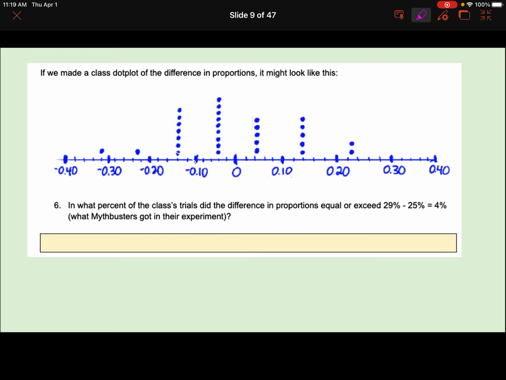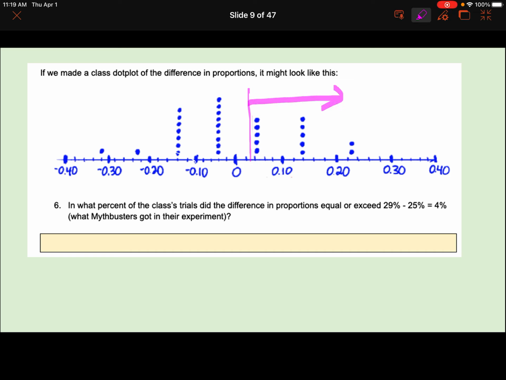Okay, for question 6, in what percent of the class's trials did the difference in proportions equal or exceed 0.04? That was what Mythbusters got in their experiment. So let's look at our fake data here. The ones that would be 0.04 or more extreme.